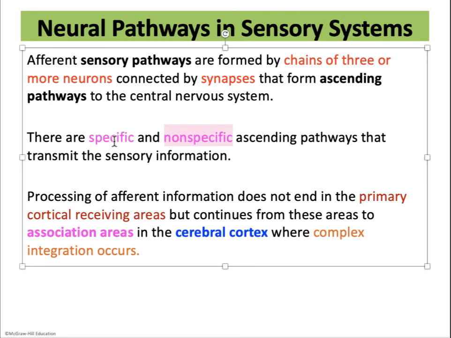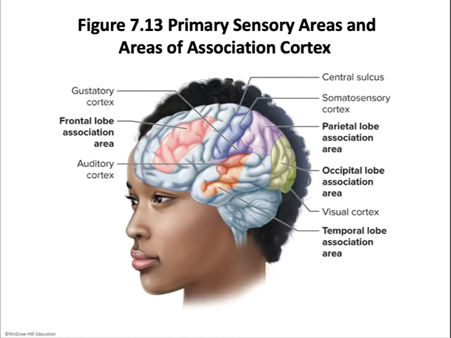Regardless of which of these pathways is used to arrive, once the information arrives in the primary cortical receiving areas associated with each sense, then further interconnections are made into association areas in the cerebral cortex, where complex integration occurs in a yet unknown manner. Although we are not going to study the brain in this course, it's important to have a general understanding that the brain itself is organized into centers, and those centers are geographically mappable onto the brain.